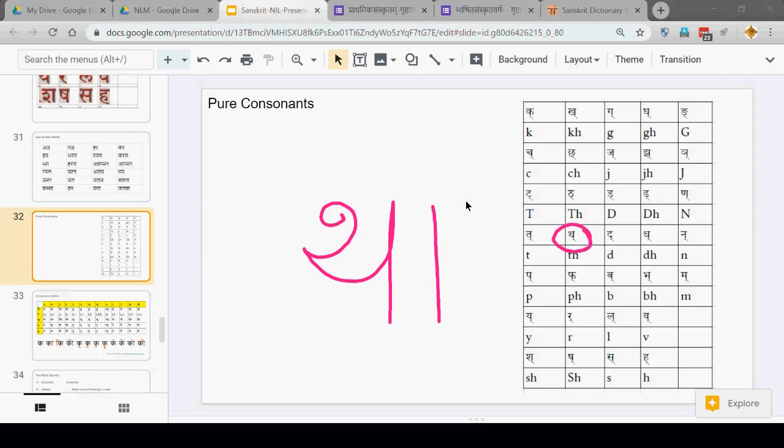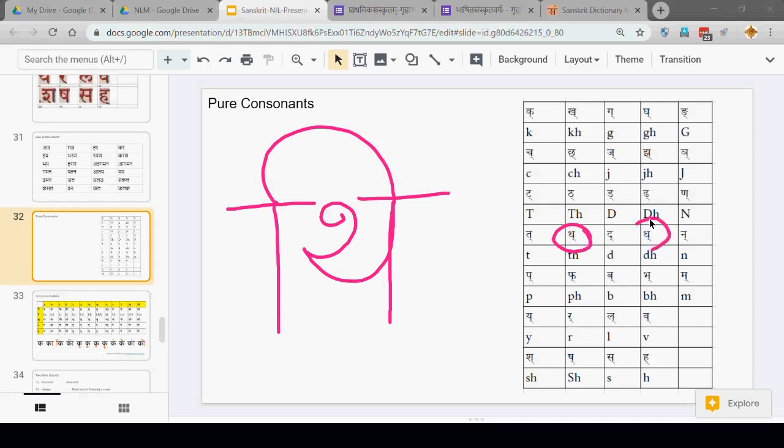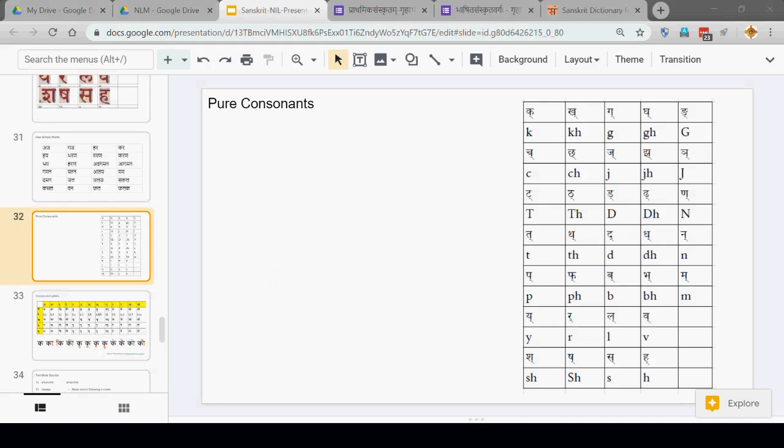Now thi is first the base symbol for tha, and the vertical line before that, and then completing the circle at the top there. And for the horizontal line, we'll take a break in between to accommodate that loop there. Okay. So this becomes thi. Similar thing happens for dhi also.